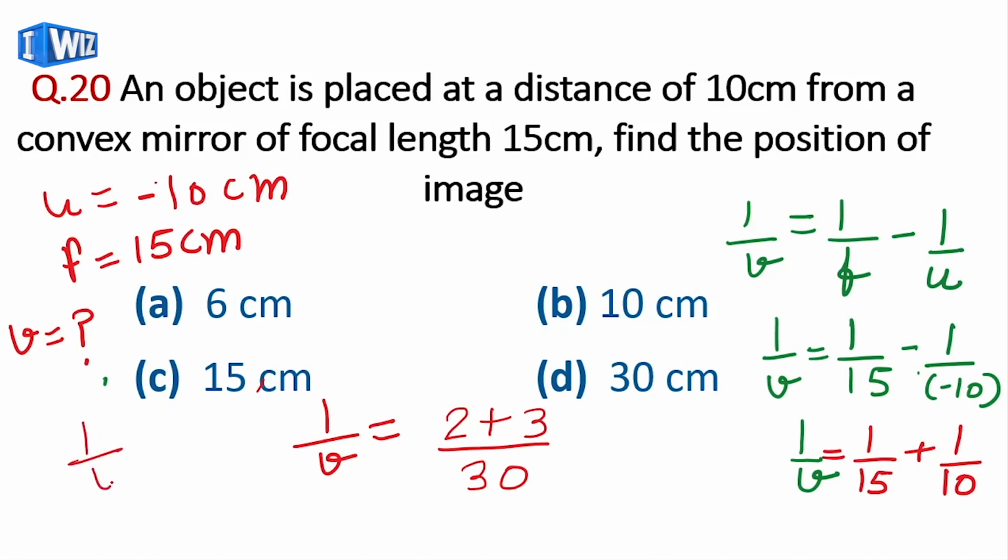So 1 over v is equals to 5 over 30. Just cross multiply it. 5 sixes are 30, so v is equals to 6 centimeter. So the position of image is 6 centimeter.